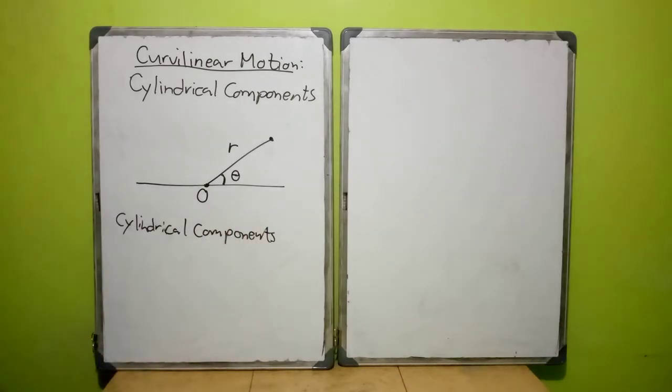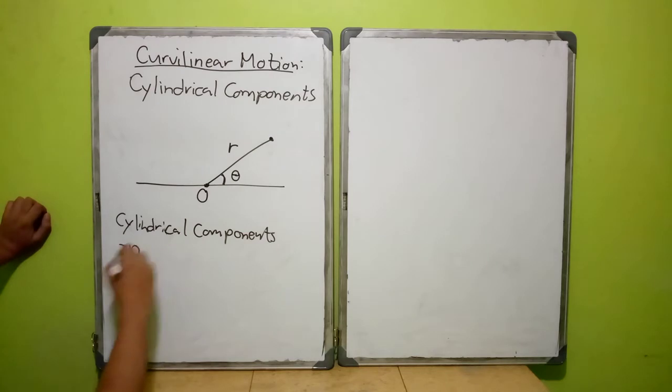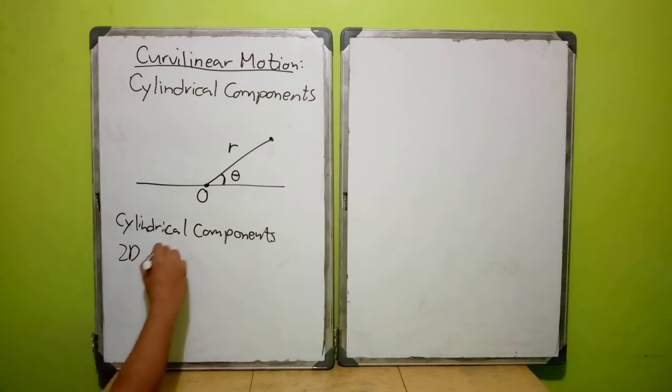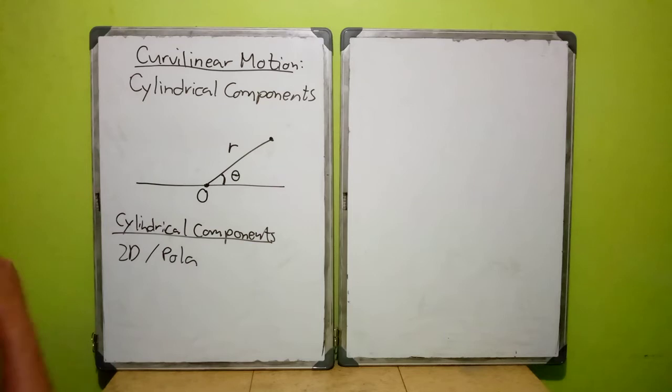When we say cylindrical components, we can have it in 2D, which we can also call polar components. There is also a 3D version, but we will discuss it later.